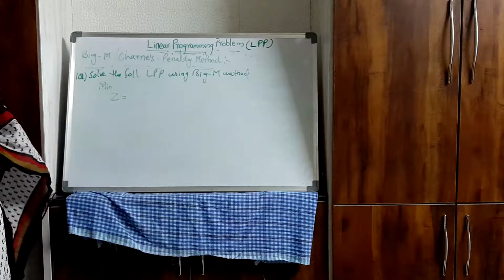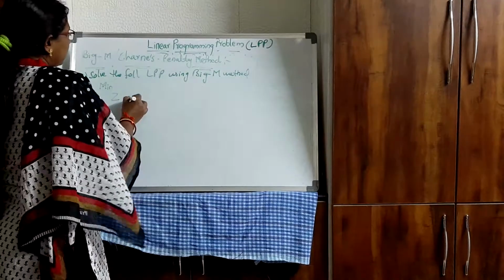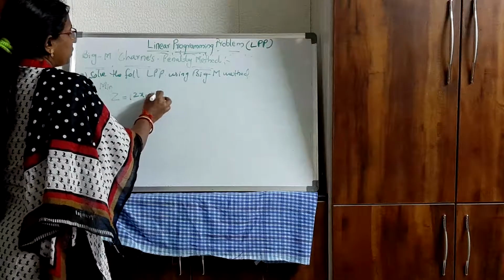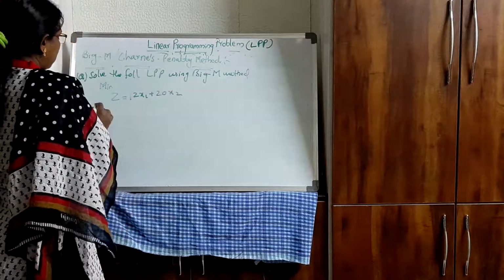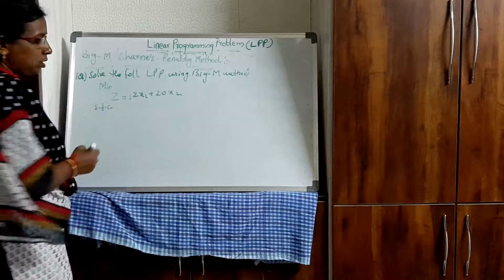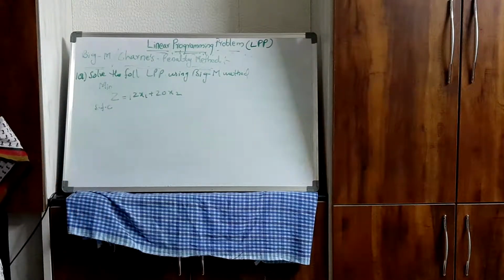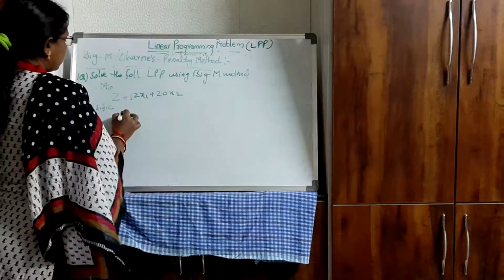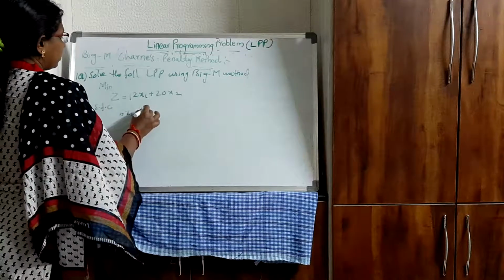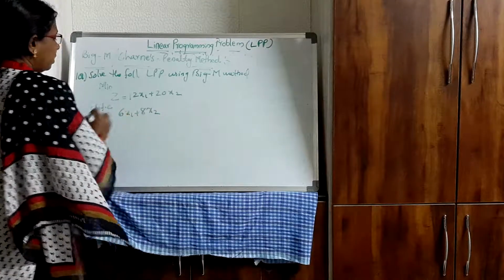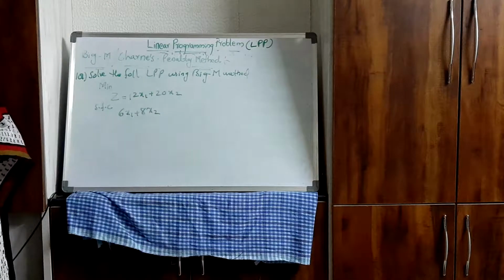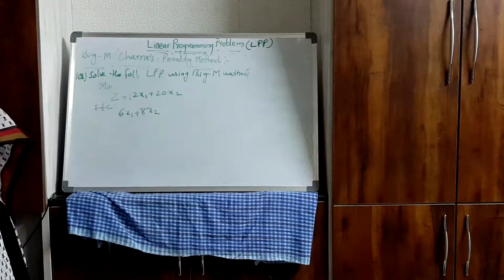So minimize Z equals 12x1 plus 20x2, subject to constraints 6x1 plus 8x2 greater than or equal to 100.